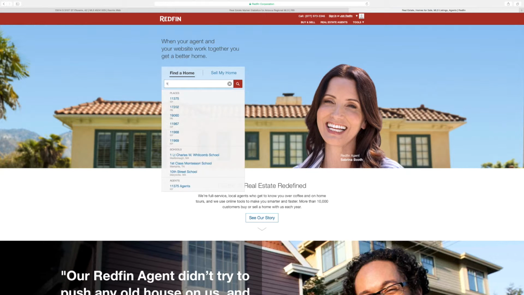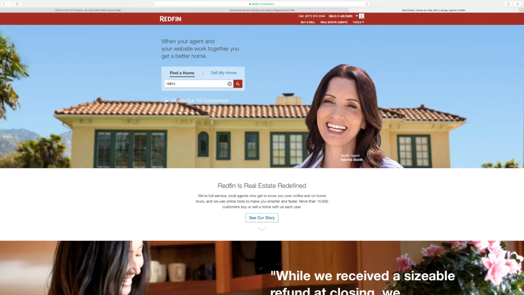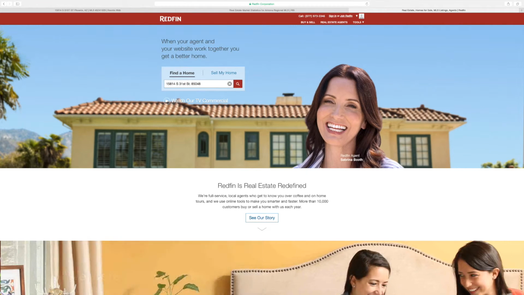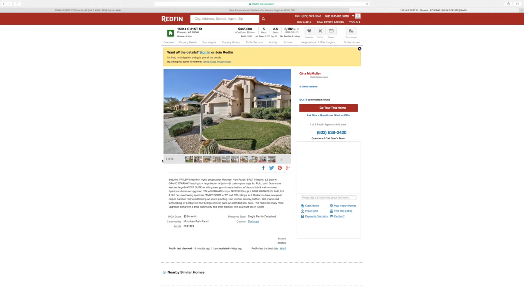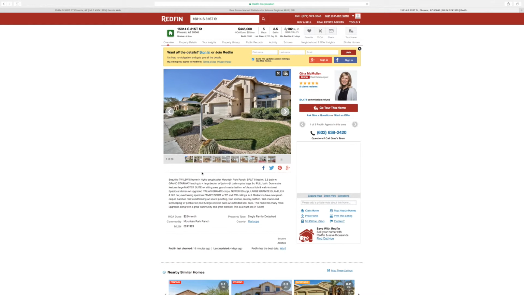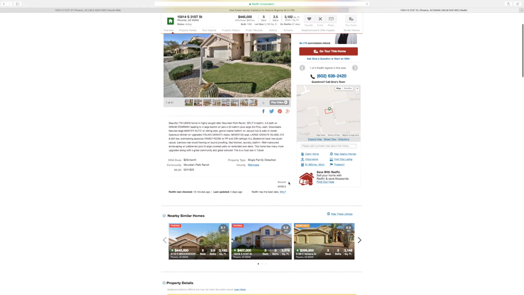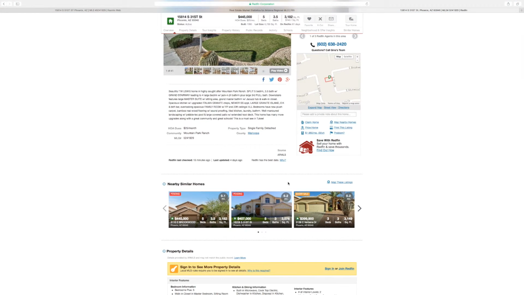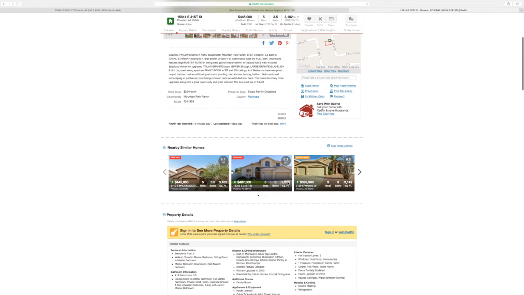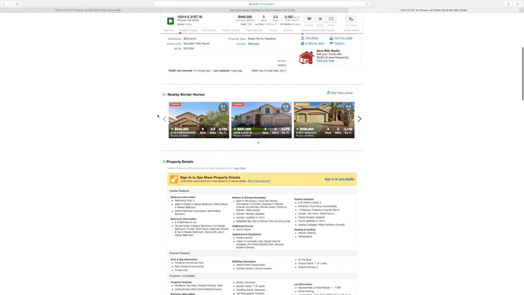So basically, you're just trying to find out what the homes are selling for. Okay, this is what we're looking for here. So we got nearby homes here. This one was 445, exact same as the one here.